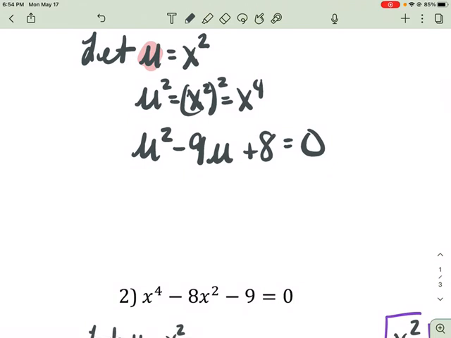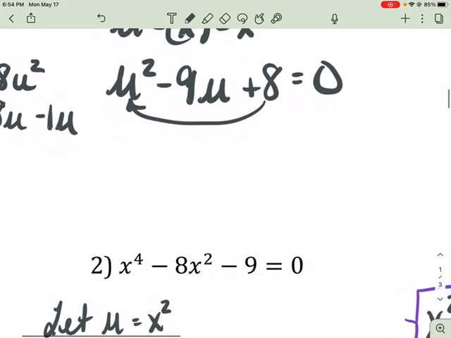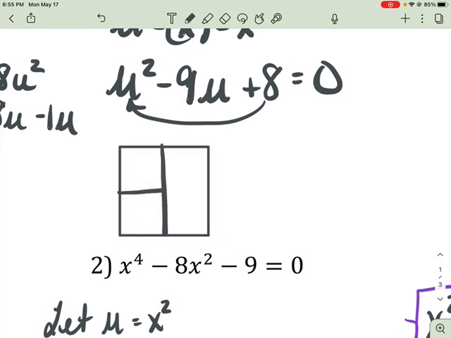Okay, so I'm going to factor this. So 8u squared, and that's going to be negative 8u and negative 1u. Okay, I know a lot of us do box, so I'm going to do box here. It's going to be a really tiny box. Didn't leave myself enough room here.